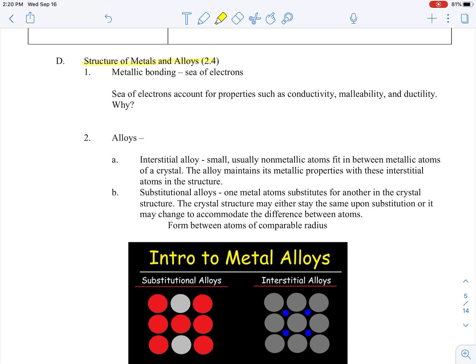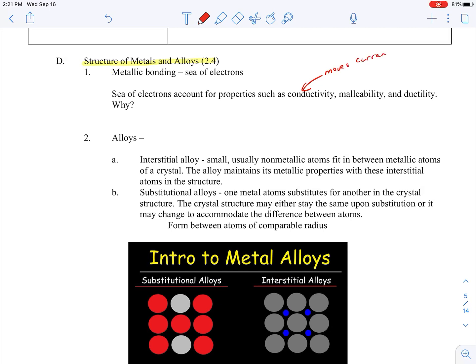So if we look at metallic bonding as a sea of electrons, the sea of electrons accounts for such cool properties such as conductivity. Conductivity, remember, is its ability to conduct heat or electricity, so it moves current, right?